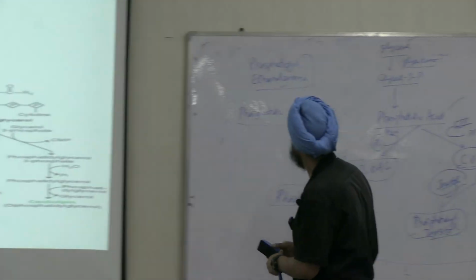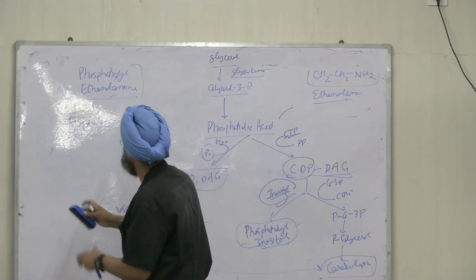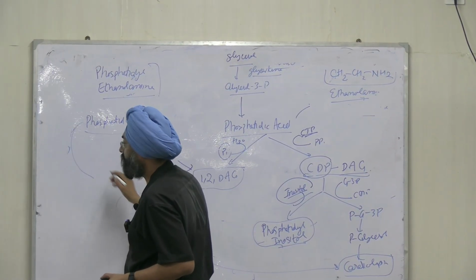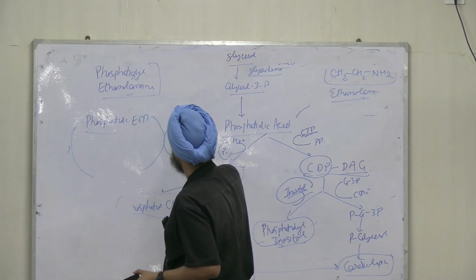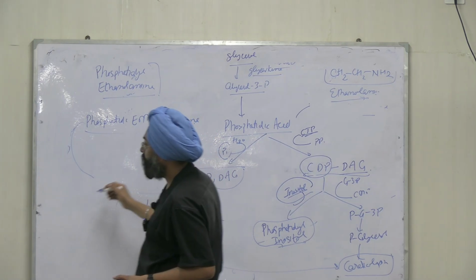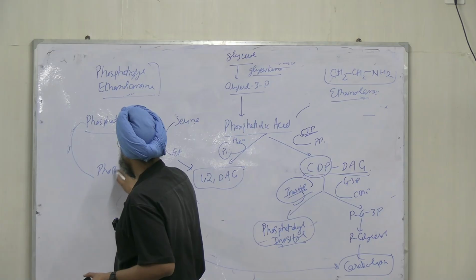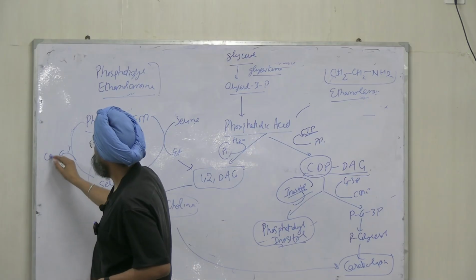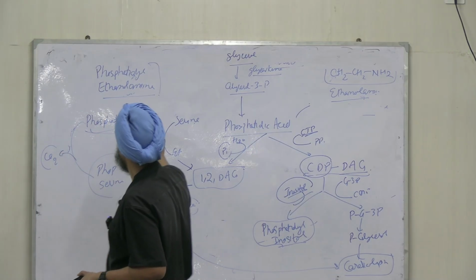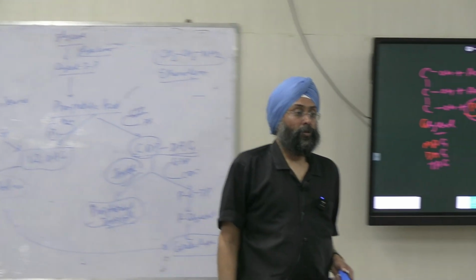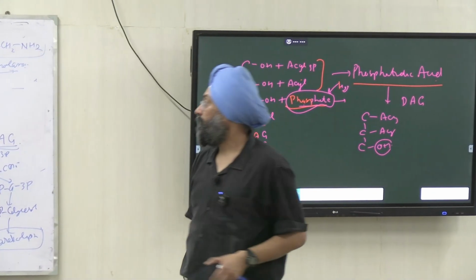And in phosphatidylethanolamine, we attach serine, and ethanolamine is replaced, we'll get phosphatidylserine, right? They are interconvertible, and when carbon dioxide is removed from serine, it is again converted to phosphatidylethanolamine. So approximately we finished these phospholipids.